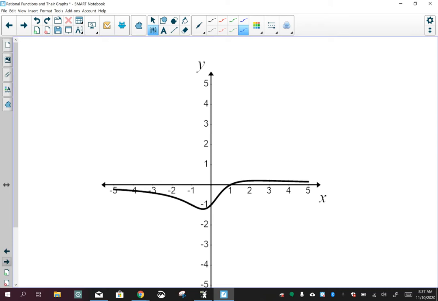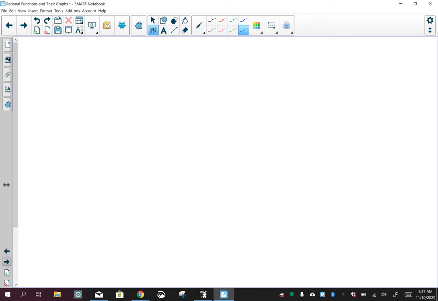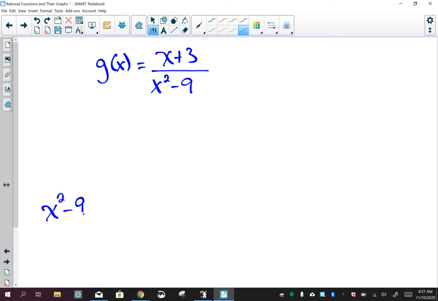Now, oh, I missed one. Let's say g of x equals x plus 3 over x squared minus 9. Well, I've got x squared minus 9 is equal to 0. x squared is equal to 9, so x is equal to plus or minus 3. That's my denominator.